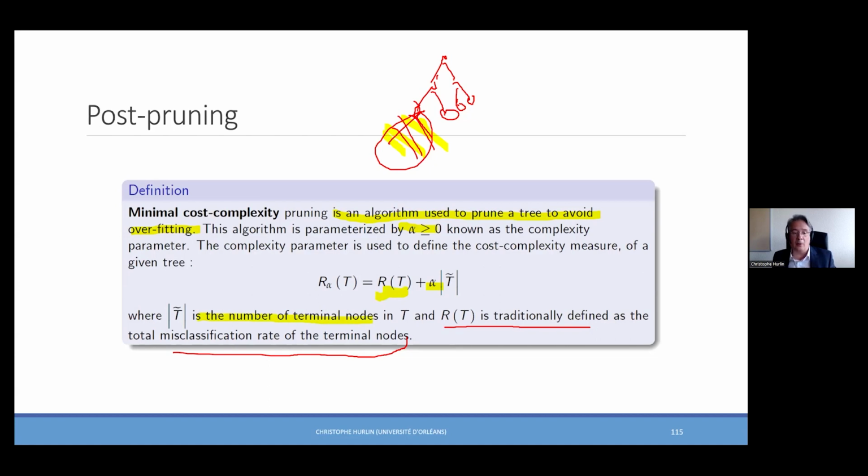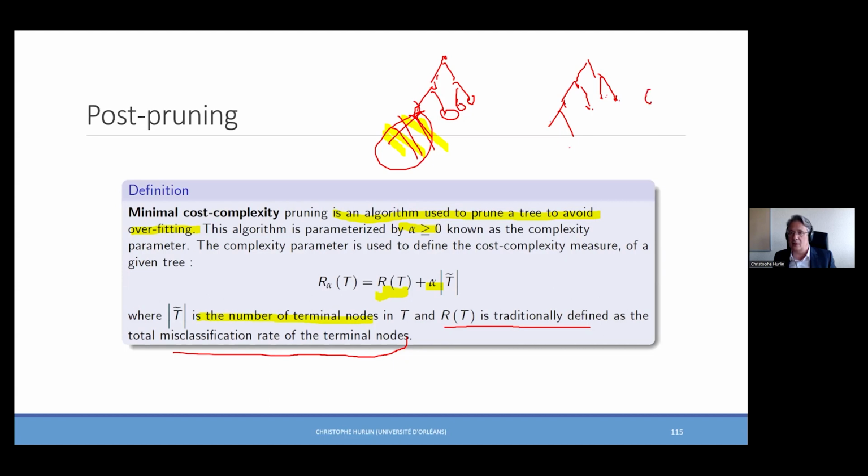So I compare, for instance, this model with this one. So the initial model: how many final nodes do I have here? I have 1, 2, 3, 4, 5, 6.